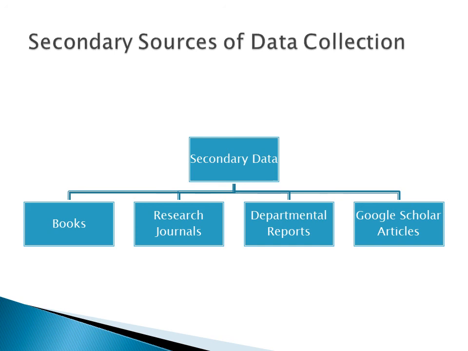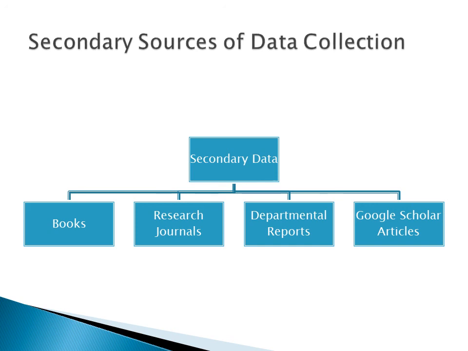If we are doing some departmental research, checking the statistical or historical record of some department, departmental reports can help us collect the data. In the corporate sector, if we want to study the performance of any organization, we will see the performance indicators from their record, what the performance was in June, July 2020, August.